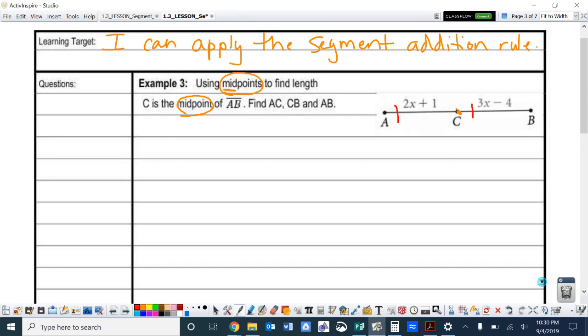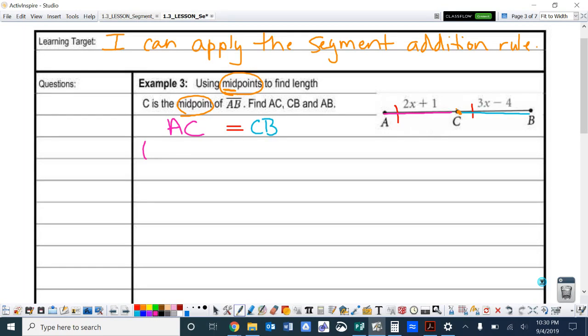This is really cool because we can just set the left side equal to the right side. So we can take AC and set that equal to CB. And we're talking about the length, so I don't need the line on top.